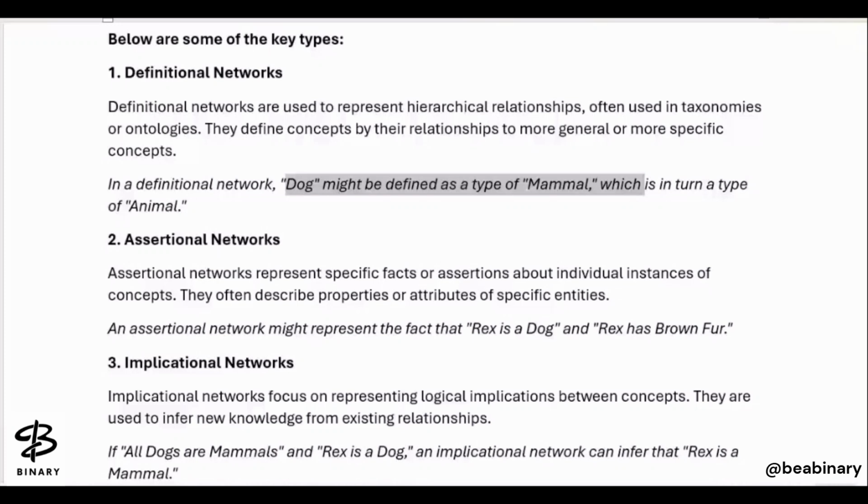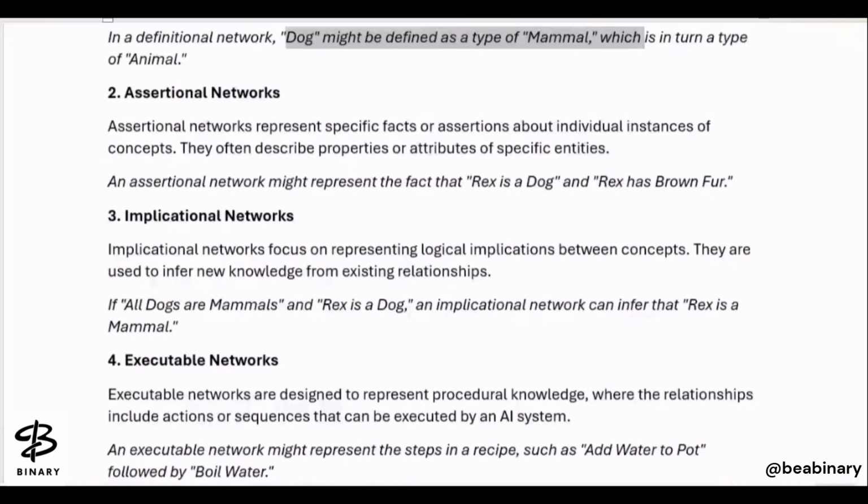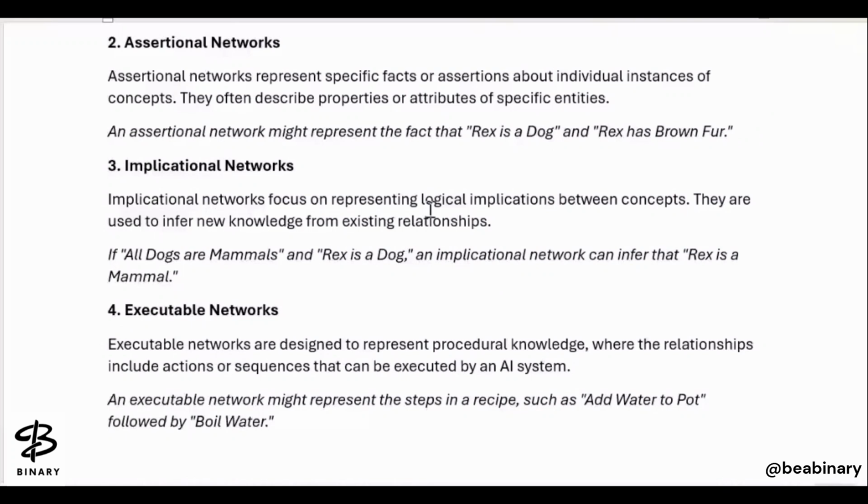Now, what do you understand by implicational networks? Implicational networks focus on representing the logical implications between concepts. We have talked about the general definition and the specific definition. Now we are talking about logical implications between concepts. They are used to infer new knowledge from existing relationships. Simply, the machine will learn from the existing relationships or the solutions present in a system.